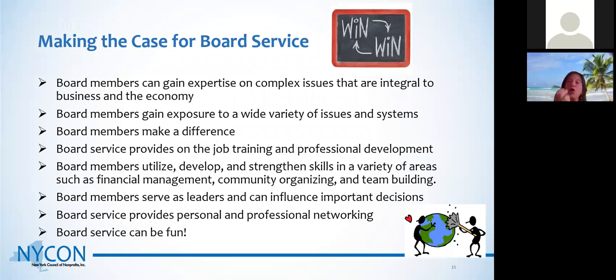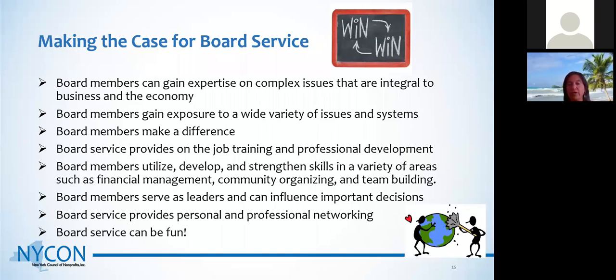Okay, so a few thoughts on making the case for board service. Board members gain expertise on complex issues that are integral to business and to the economy. Nonprofits are business entities, legal entities, with regulations and oversight by lots of different entities, whether it's the Department of Labor, the Board of Regents, the Attorney General's office, the IRS and others.